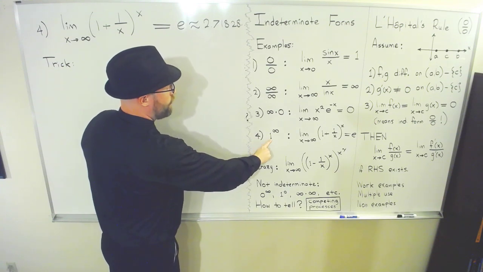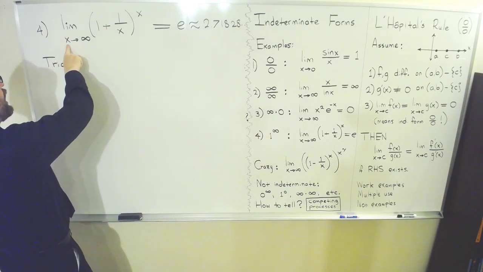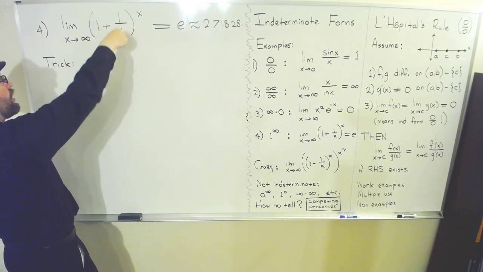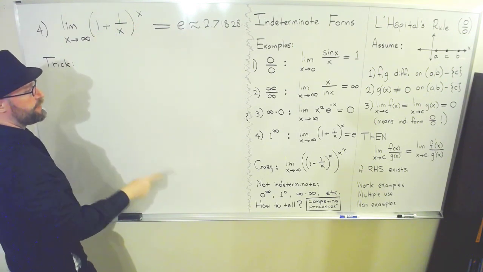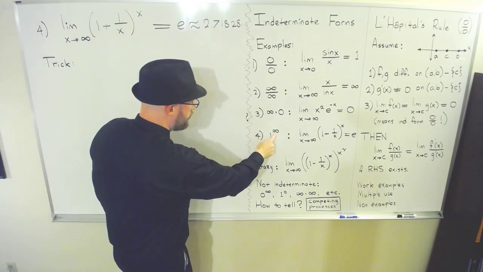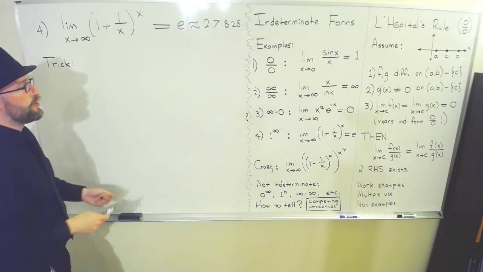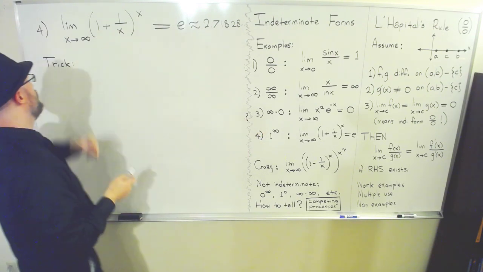That's why I write this 1 to the infinity as the indeterminate form. Because if I just substituted the x in, going to infinity, this part individually, the limit of that would be 1, and the limit of that would be infinity. And so you get this expression 1 to the infinity, which is shorthand for that particular type of indeterminate form. But the trick is to take the logarithm of this thing.